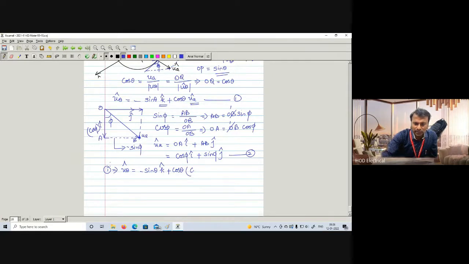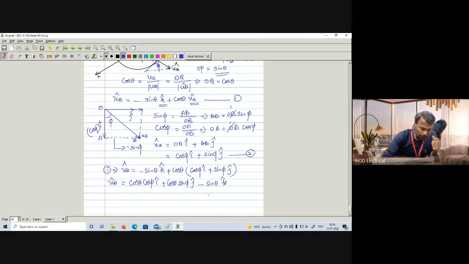I am substituting here from this equation cos phi i gap plus sine phi j gap. Then we can write U theta gap is nothing but cos theta cos phi into i gap plus cos theta sine phi into j gap minus sine theta into k gap.